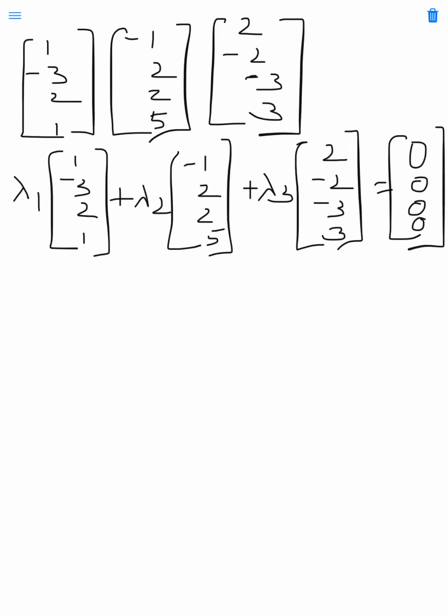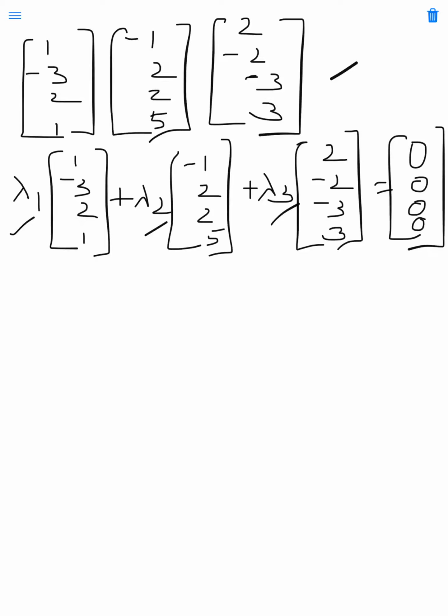Okay, so from this itself you will be able to know that there are 3 unknown variables, and if all 3 unknown variables are equal to 0, then the given set of vectors will be linearly independent. If any one of the lambda variables is a non-zero value, it means it is linearly dependent.